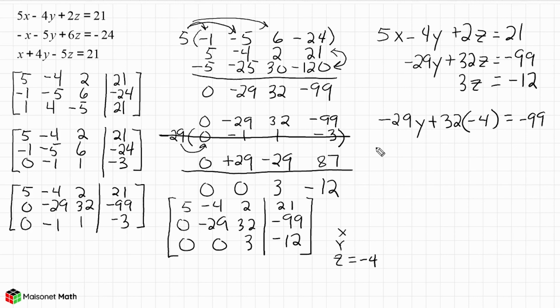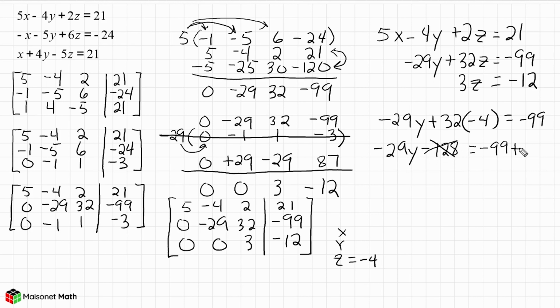And we know that when we have just one variable in the equation, we can solve for that variable. So let's simplify this equation a bit. We have negative 29y minus, let's see, that would be 128. Whenever multiplying by 4, you can just take the number you're multiplying it by and just double it twice. So 32 doubled is 64, and 64 doubled is 128. Let's set that equal to negative 99. Now we're going to take this minus 128 and send it to the other side.